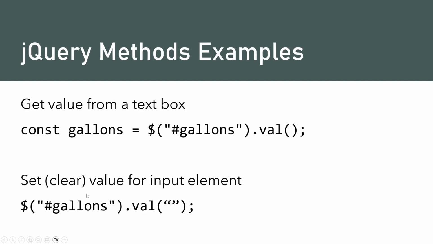If you want to set a value, that takes a parameter. So if we, instead of just getting the value with nothing in the parentheses, that will just return whatever value is there. If we want to set it, then we have to put something inside of the parentheses that we want to set the value to. So this would set the value for the input element with the ID gallons to the empty string. So this would essentially clear the value for that input element.